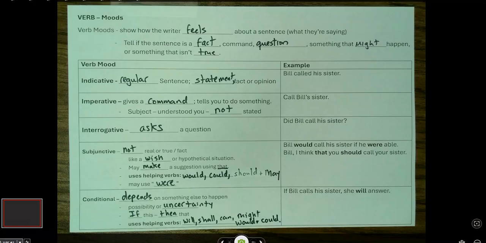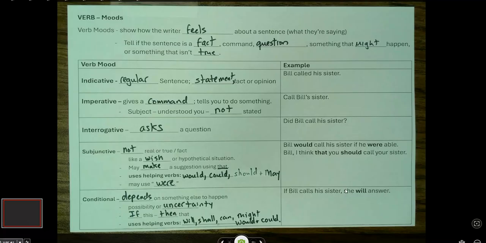So conditional depends on something else to happen, and it shows a possibility or an uncertainty. There's usually an if this happens, then that'll happen, and it uses helping verbs will, shall, can, might, would, and could. Okay, so here, if Bill calls his sister, she will answer. If you notice you have an if, and then it doesn't say then she will answer. It just, you know, one thing happens, then it leads to another thing.